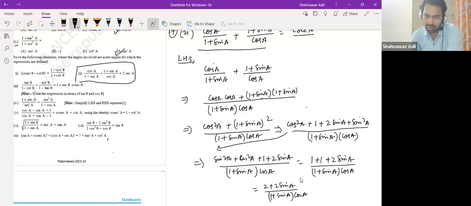So what can we do about this 2? 2 plus 2 sin A, which means that this 2 is in both the terms.